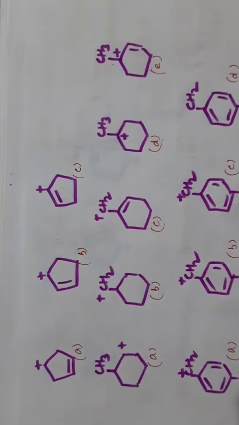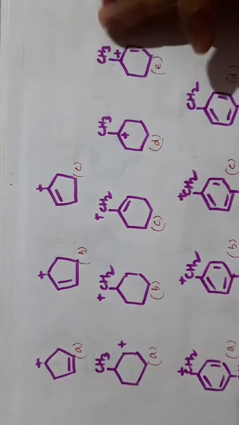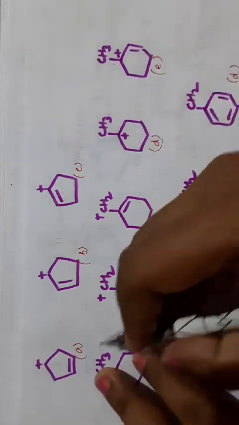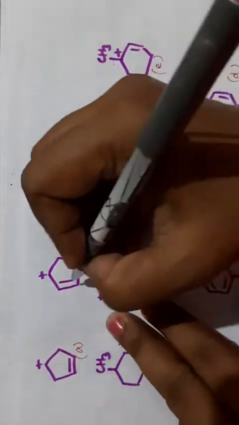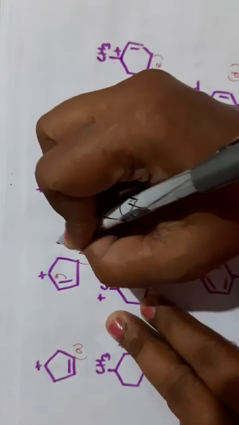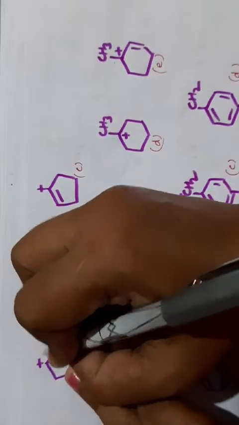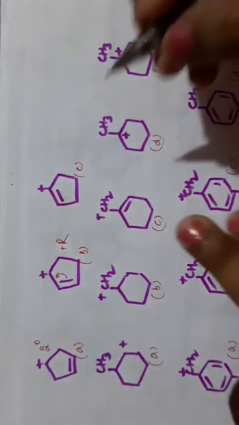Now coming to the next one, these were the factors we have decided. Now we will decide the arrangement of these stabilities on the basis of the factors that we have studied. These are three structures. See here, there will be a conjugation, so there is a resonance here. Now here there is no resonance, but it is a 2-degree carbocation.